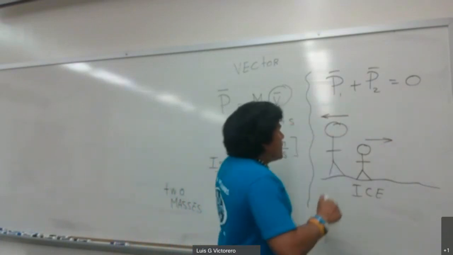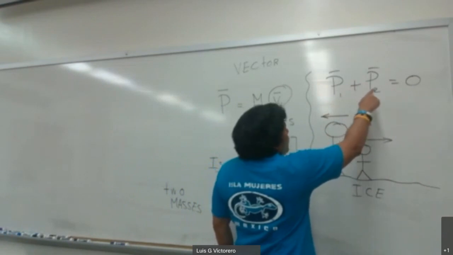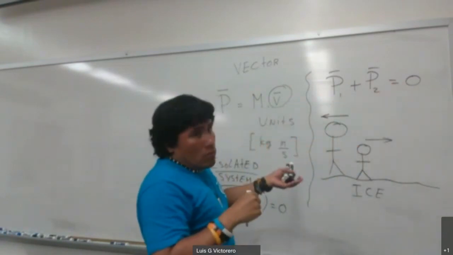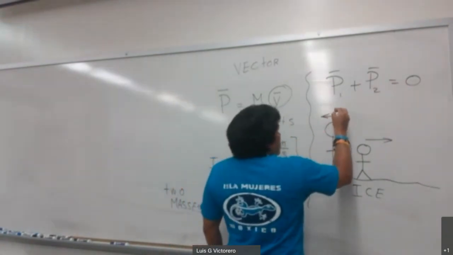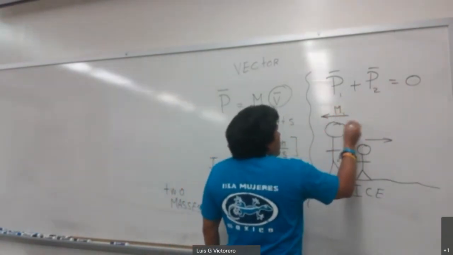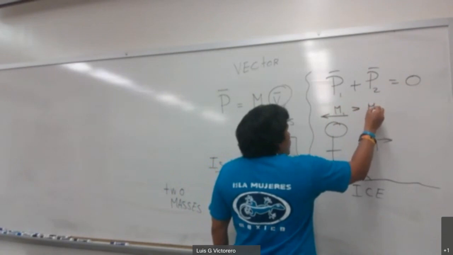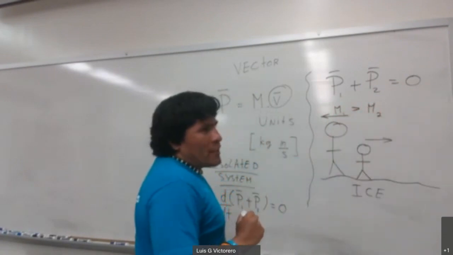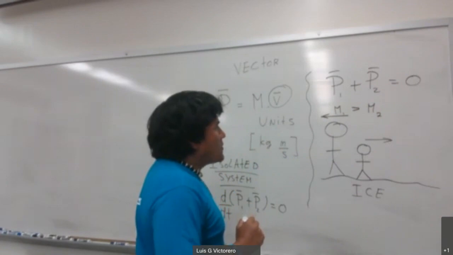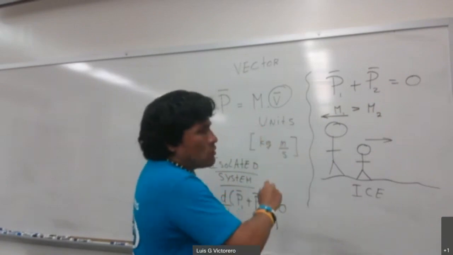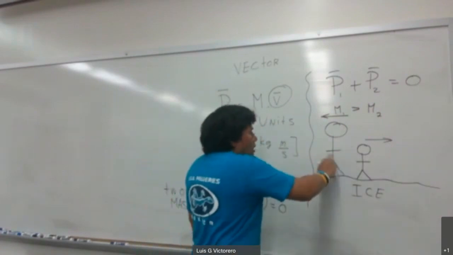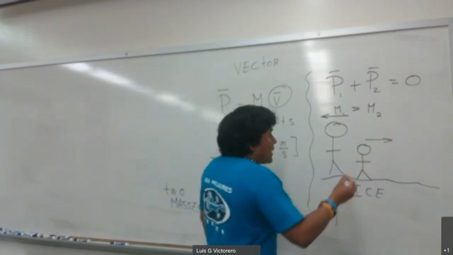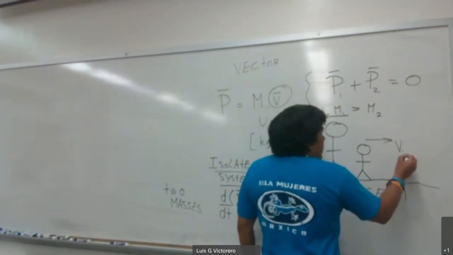The momentum of the kid plus the momentum of the dad is equal to 0. But the dad is heavier, let's say M1 is greater than M2. A typical question in a standardized test that I have seen several times is which person will move a farther distance? And it will be the kid, because the kid will gain a greater speed.